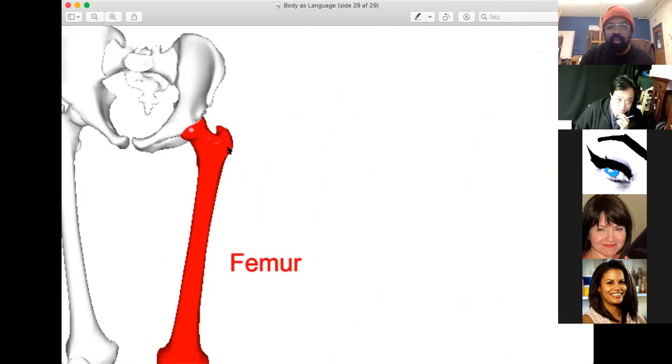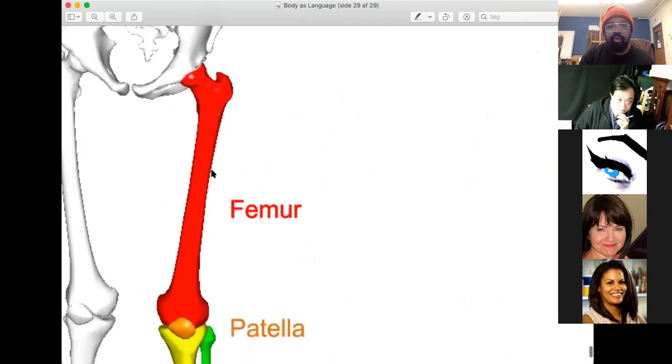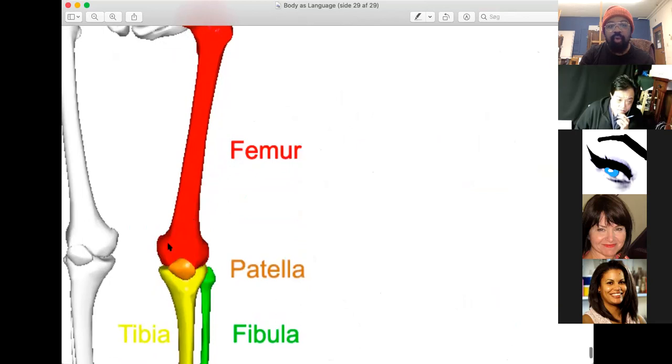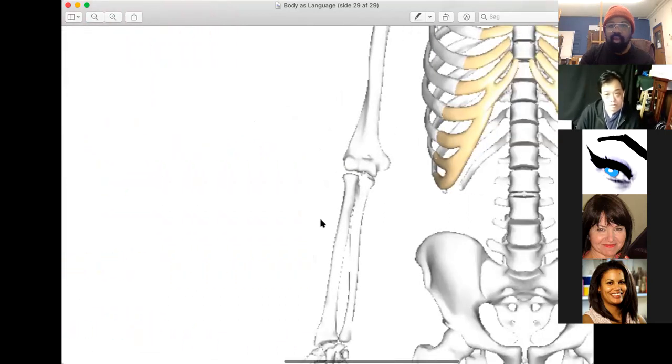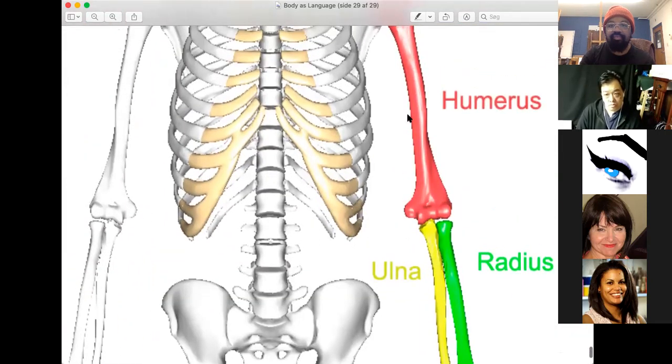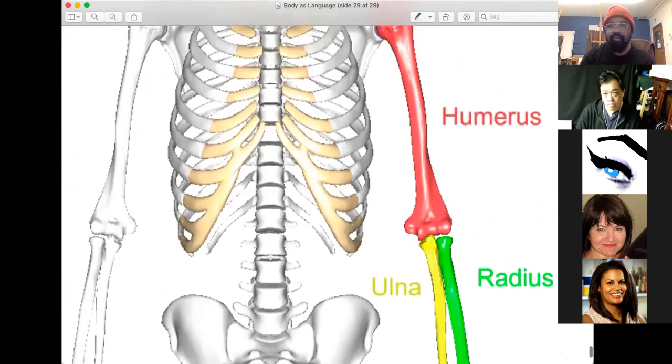And there's the greater trochanter here, this curved area. And as it goes further towards the end of the bone, it gets wider. And at the end of the femur, it's curved. And this is the same aspect here at the end of the humerus, which also gets wider at the bottom.